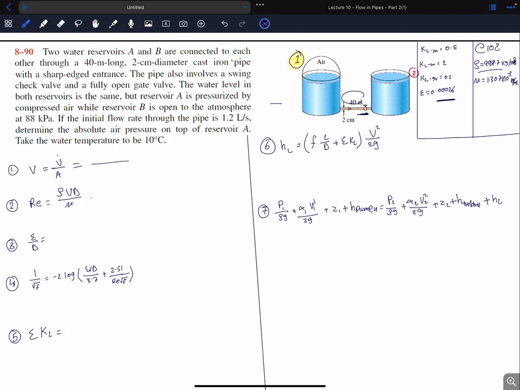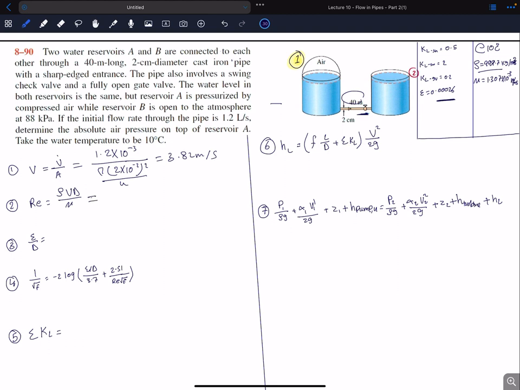The volume flow rate has to be converted to cubic meters per second, which is 1.2 times 10 to the power -3, divided by the area, pi d squared over 4, where 2 centimeters converts to 2 times 10 to the power -2 meters. This is equal to 3.82 meters per second.